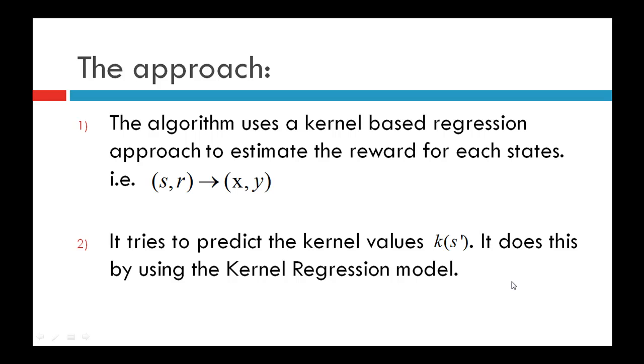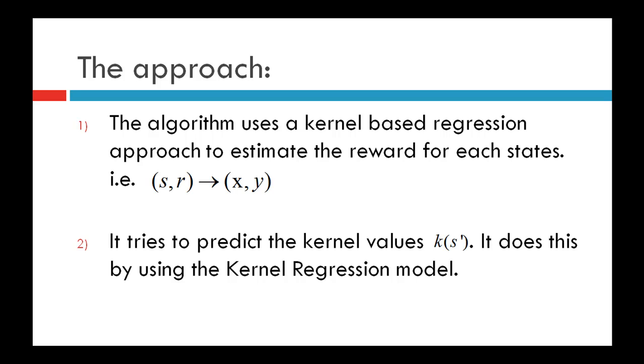So here are the three main important things about this algorithm. The first one is that the algorithm uses the kernel based regression approach to estimate the reward for each state, that is, S is an input vector and R is a target vector.